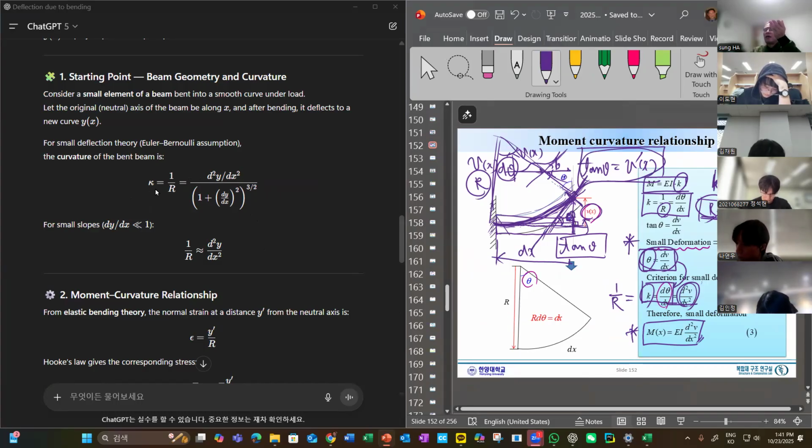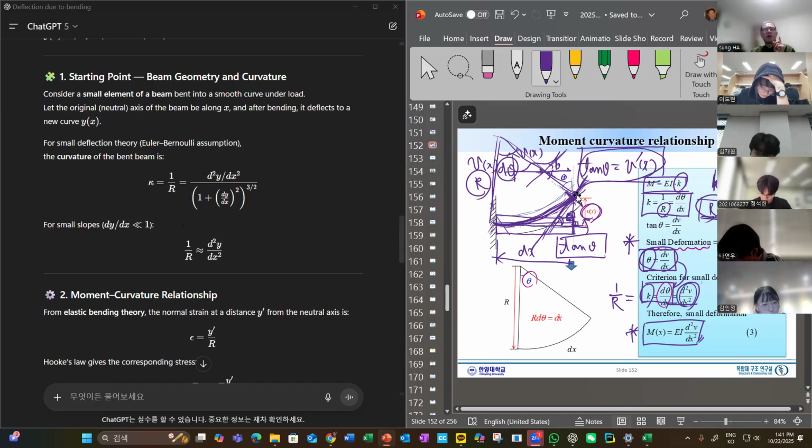I'm sure you learned about this in CAD, a curved line in a drawing. We always have a curvature, and curvature is 1 over R. Now for the deflection y, this is the full equation: the second derivative, and strictly speaking, divided by (1 plus the slope squared) to the power 3 over 2.